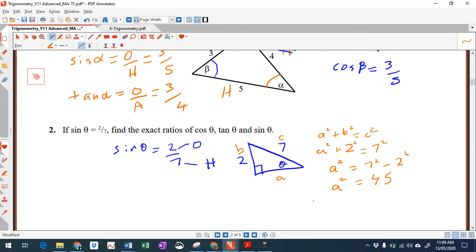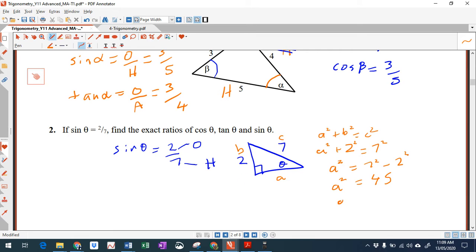I'm going to just put a plug in here, running out of electricity. Okay, there we go. So that gives me a squared is 45, so a is root 45.